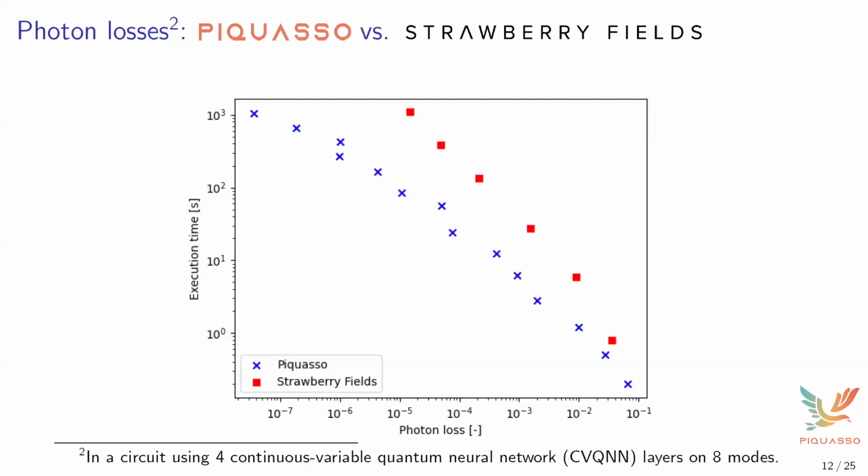So we compare the photon losses of Piquasso and Strawberry Fields. It is a graph comparing the execution time and the photon loss, and one can conclude that if you want to allow for a certain photon loss, then you'd better choose Piquasso over Strawberry Fields because it has a lower execution time.